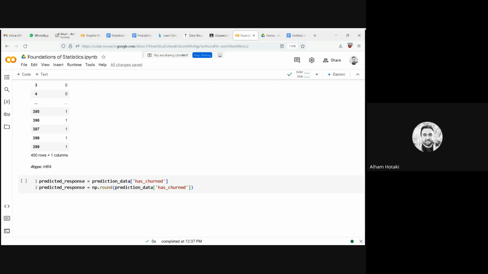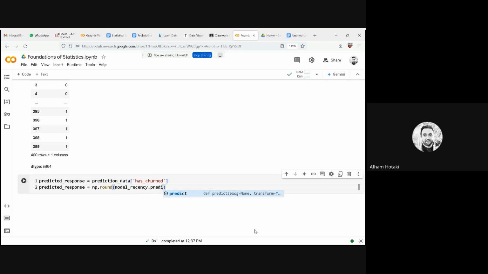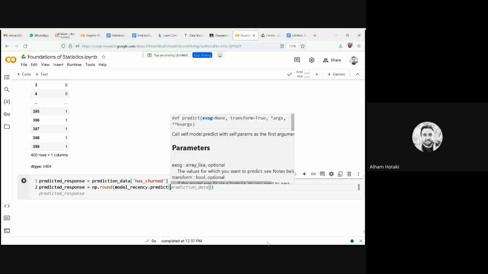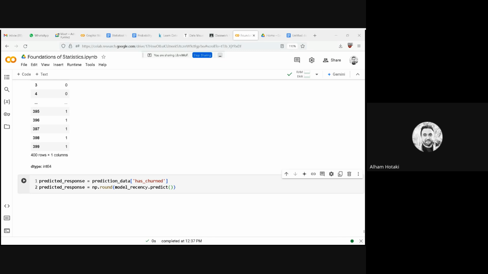Predicted response: instead of this data frame that we developed, we will just put the model recency dot predict. It's the same thing. And then one more thing that we have to understand is the outcomes.